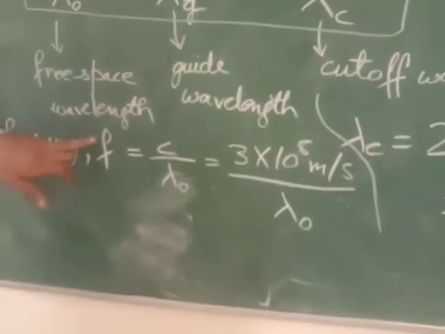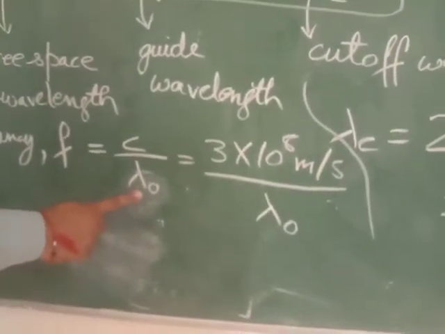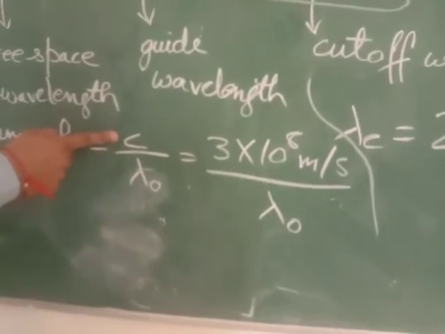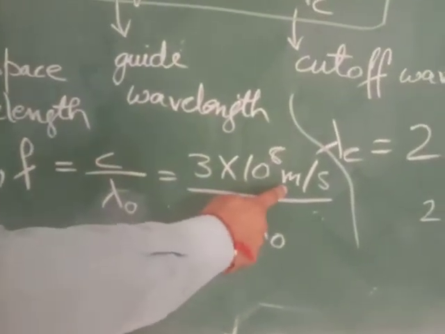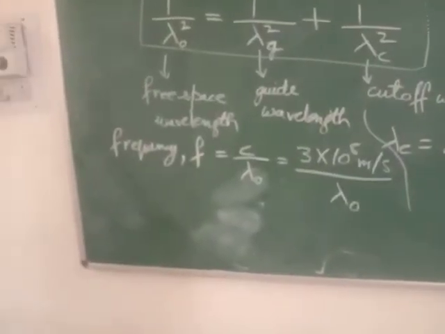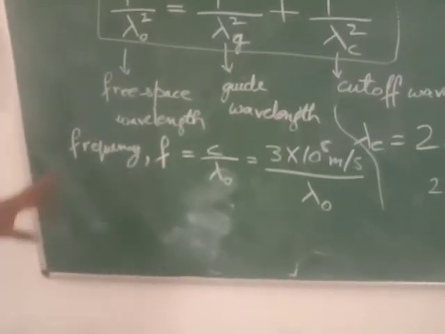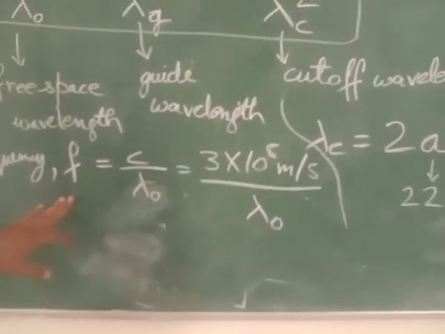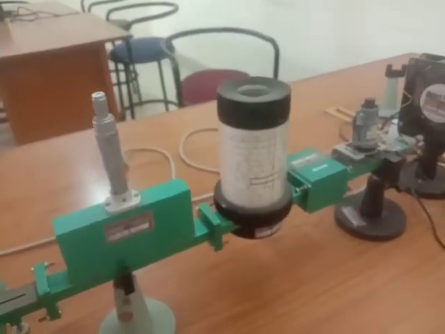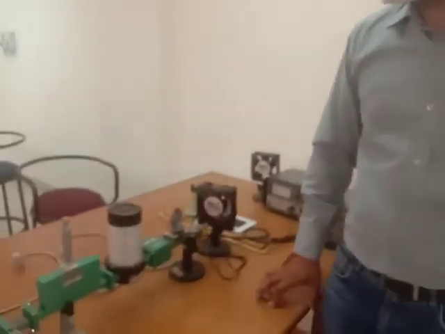From this formula, f is equal to c upon lambda naught. Remember that here lambda naught is in centimeter, so convert c, 3 into 10 raised to power 8 meter per second, to 3 into 10 raised to power 10 centimeter per second to get the frequency. From here we get the frequency as approximately 8.5 gigahertz. That was the calculated reading of the frequency.